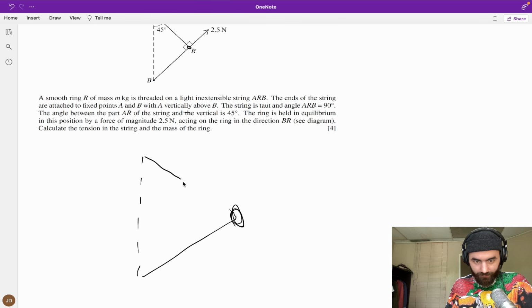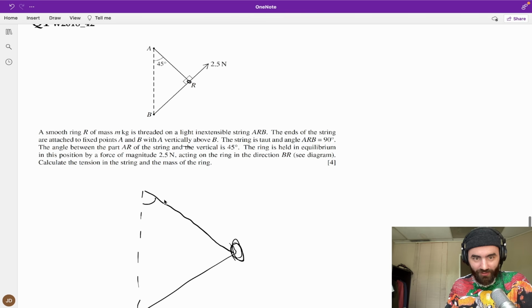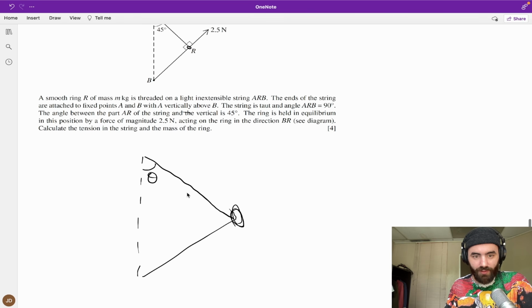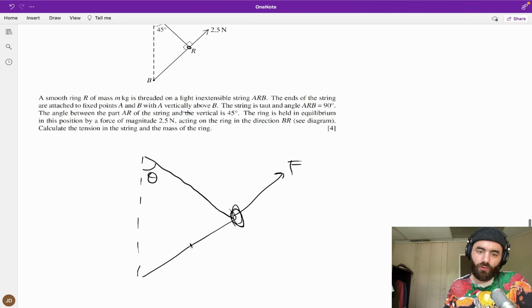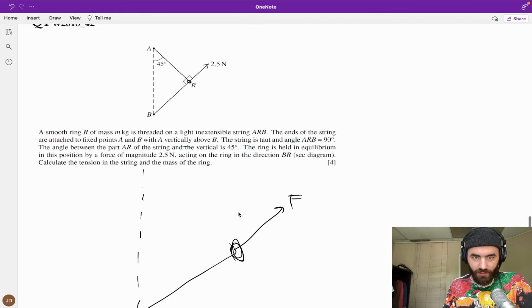It's a bad line. That'll do. Theta 1, theta I guess. And then we have a force which acts upon the string, F. This is meant to be at a right angle.